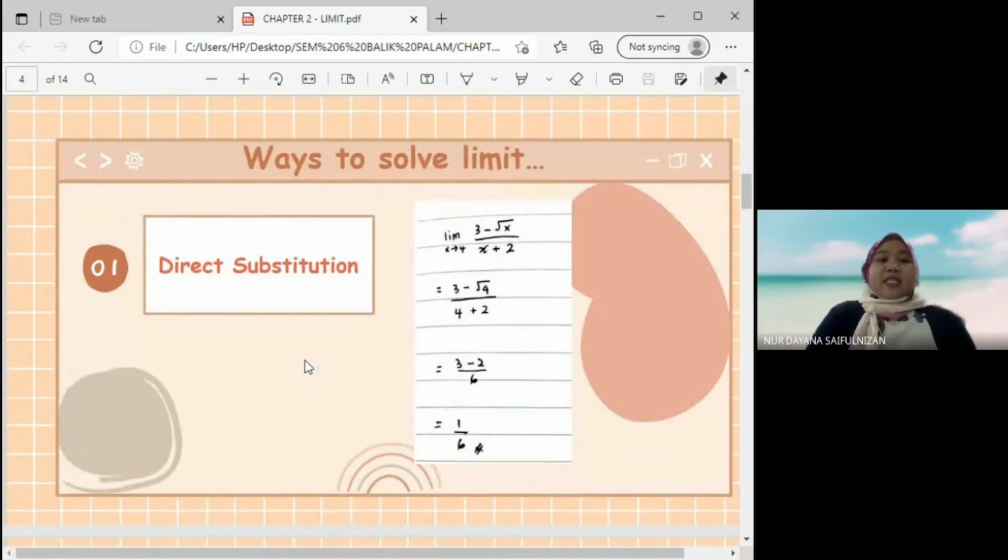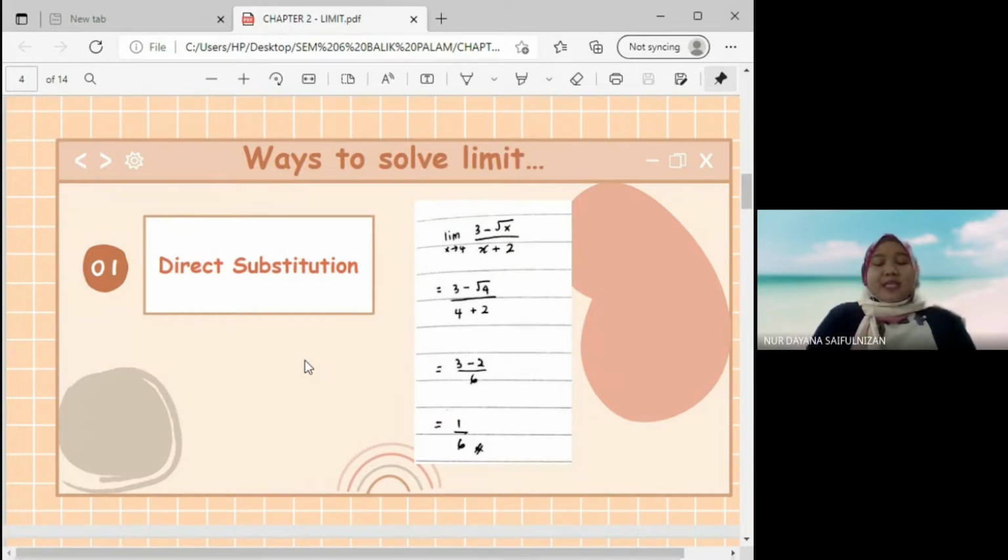Okay, so for the direct substitution, I provide you an example. The question is limit of (3 minus x) over (x plus 2), where x approaches 4. So what do we have to do?